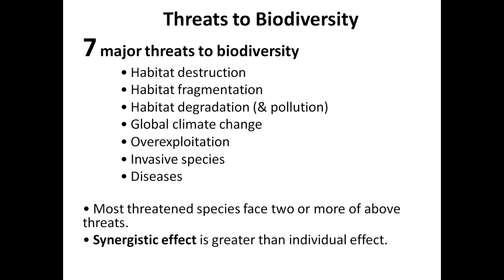If you think about any protected species, they are threatened by at least 2 or more of these threats. And also, these threats are actually working together to create a synergistic effect. So basically, the effect is greater than the individual effects.